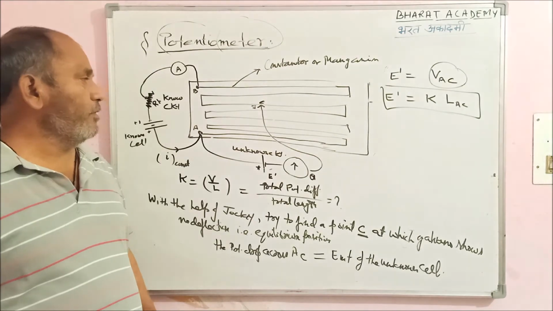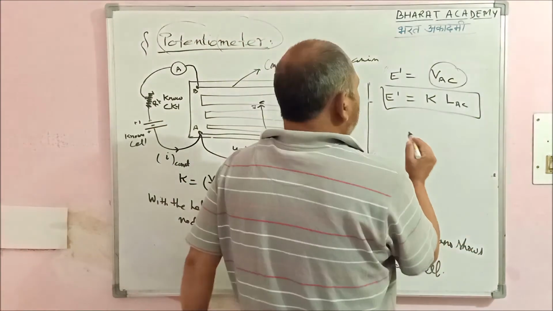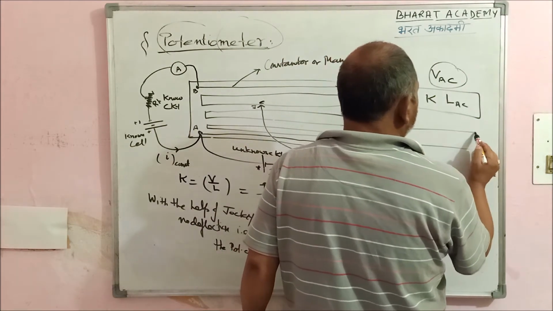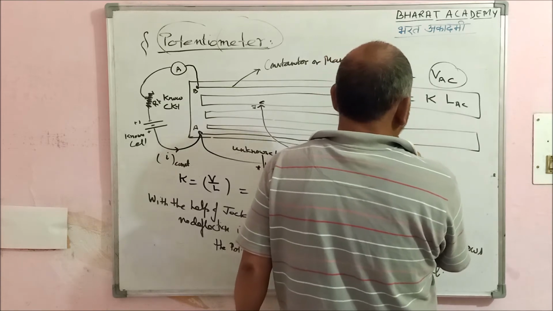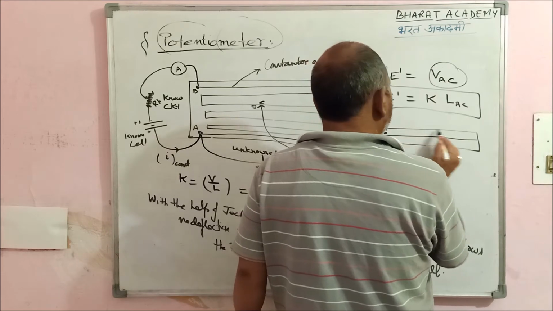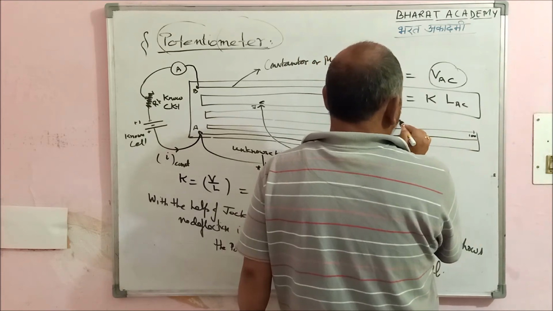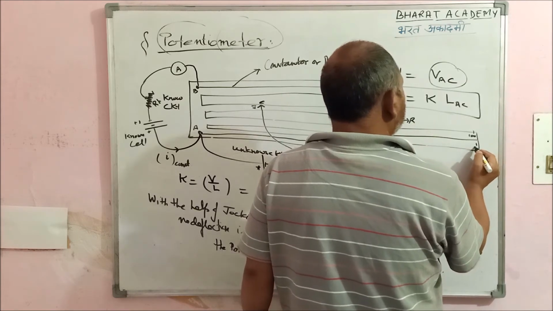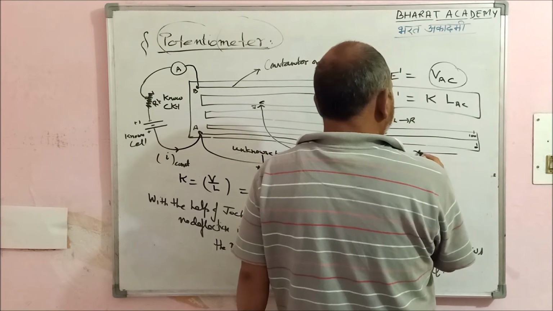One practical problem will come up: how to measure AC. Remember, in the meter bridge, we will have a two-sided scale on this wooden block. One is starting from 0 to 100, that is left to right, and the other is starting from 0 to 100, right to left.